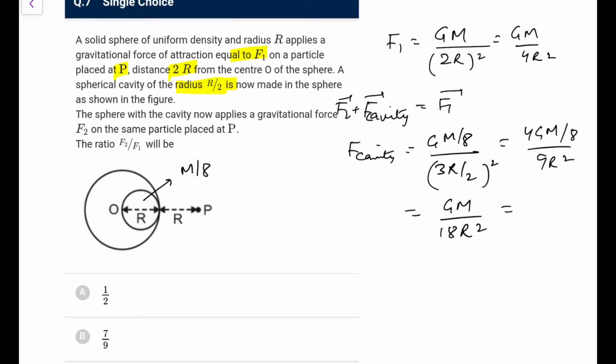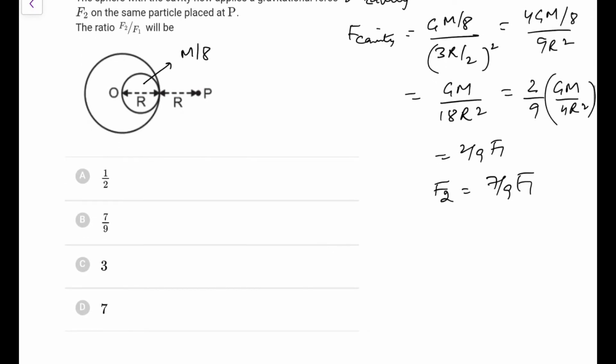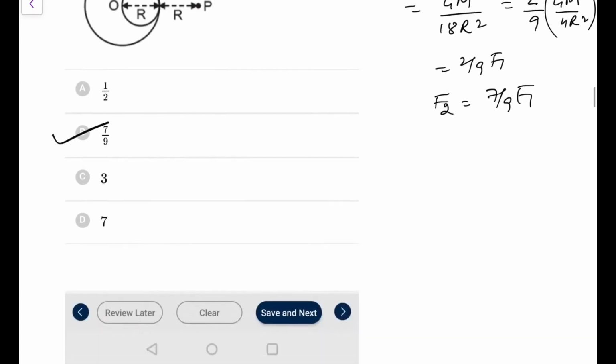So you can simplify it as 2 by 9 GM by 4r square, that is 2 by 9 of F1. That means F2 will be equal to 7 by 9 of F1. So the ratio F2 by F1 is 7 by 9. Go for option B, not that tough one.